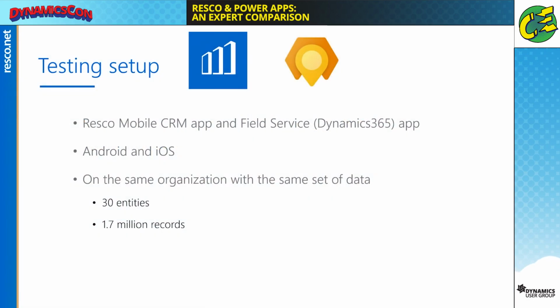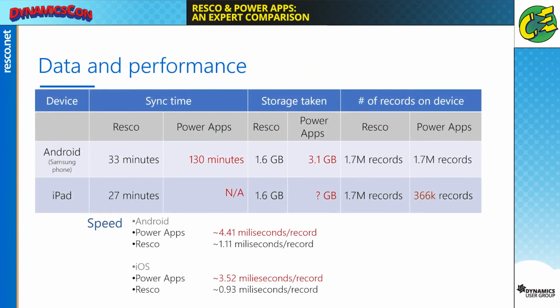So just to have some hard evidence, let's say, we decided to put the new application under pressure with real data, and we prepared a testing environment with a lot of records, and we then just measured how this Microsoft PowerApps based solution would behave under these circumstances. And this is what we found out. The synchronization time was roughly 4 times as big.